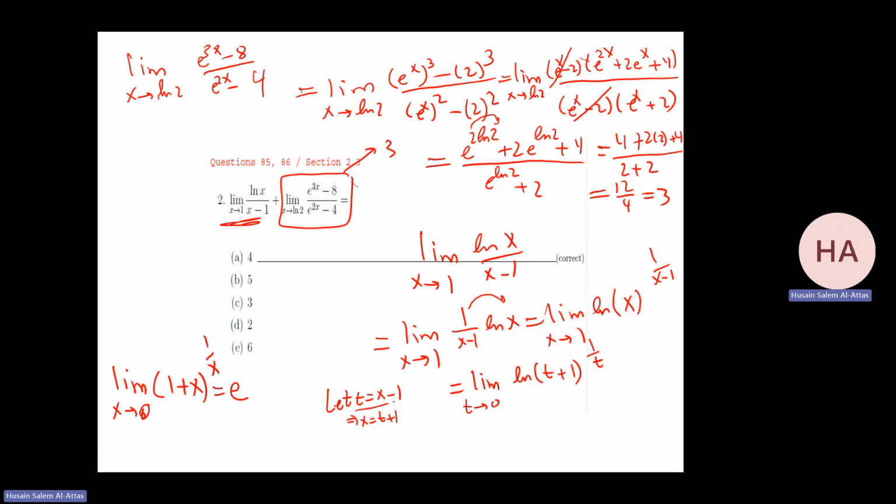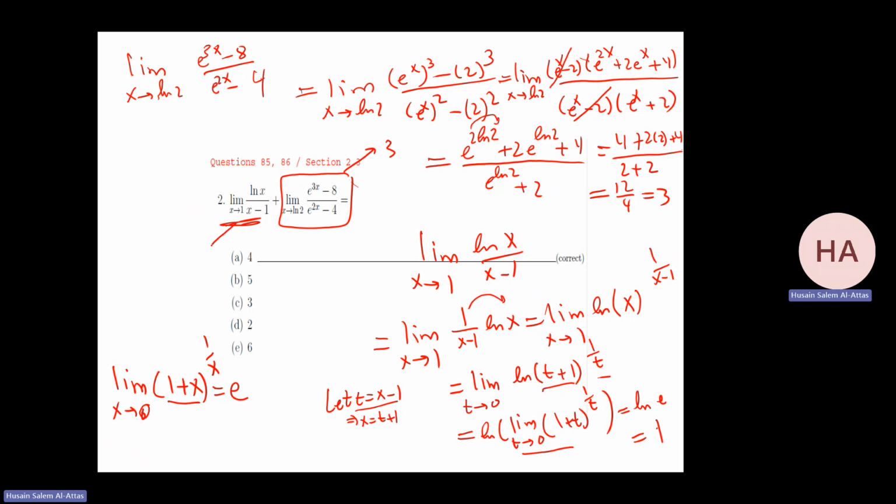To 0, since I have 1 minus 1. Now I have almost my formula, but with the ln. So I take the limit inside, since ln is continuous in its domain. I have 1 plus t to the power 1 over t. What is this limit? This limit is e. So I have ln e, and the answer is 1.